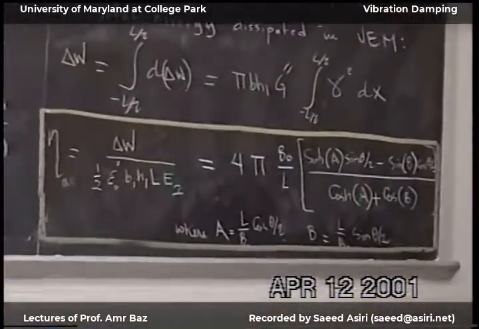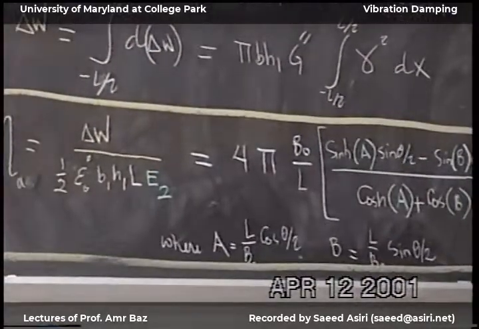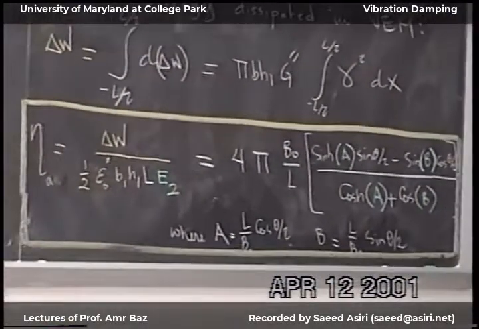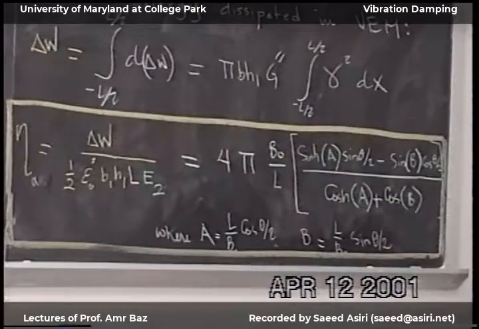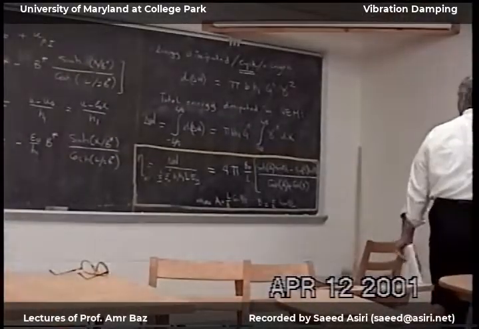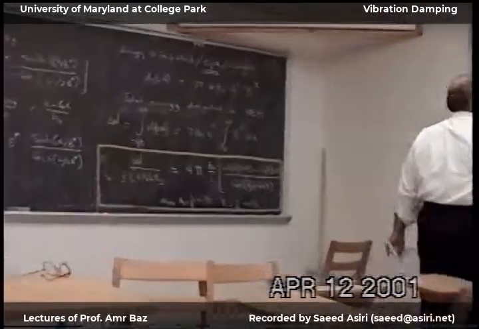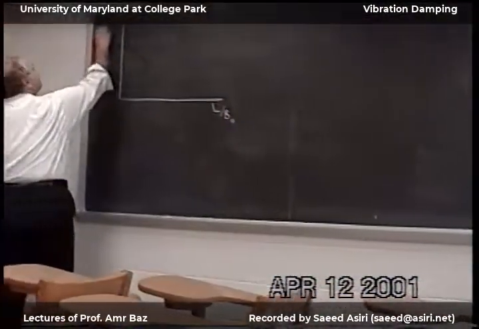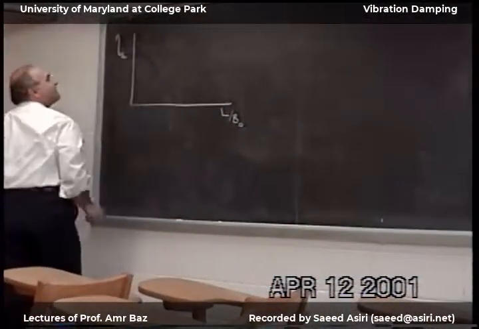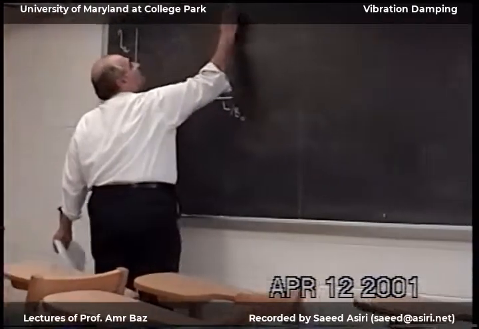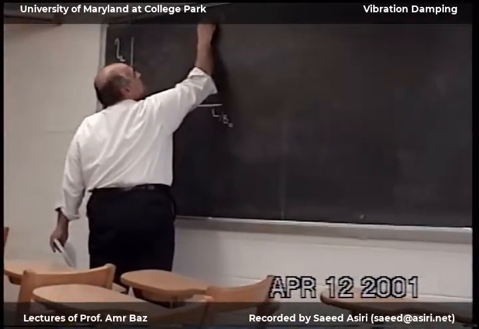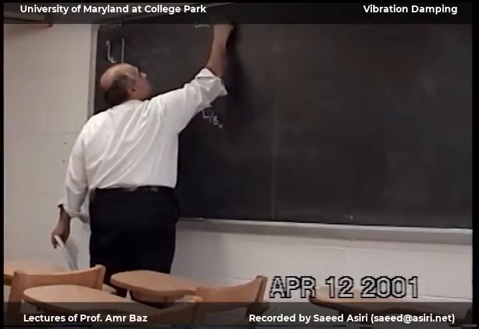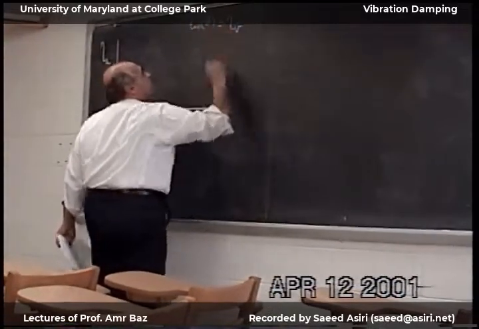Then now we said eta A is a function of two variables, L over B0 and theta. And tan theta is equal to the loss factor of the viscoelastic material.